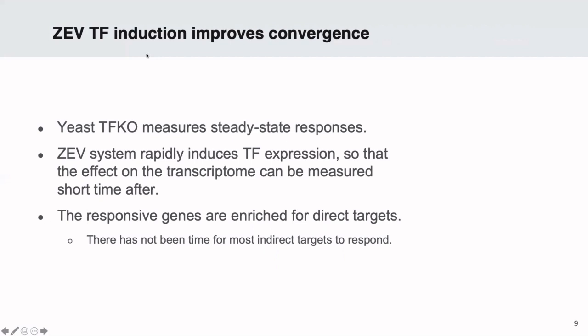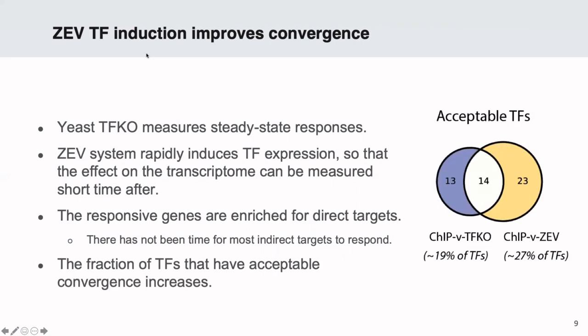Most of the responsive genes are therefore enriched for the direct targets, because there's no time for the indirect targets to respond.